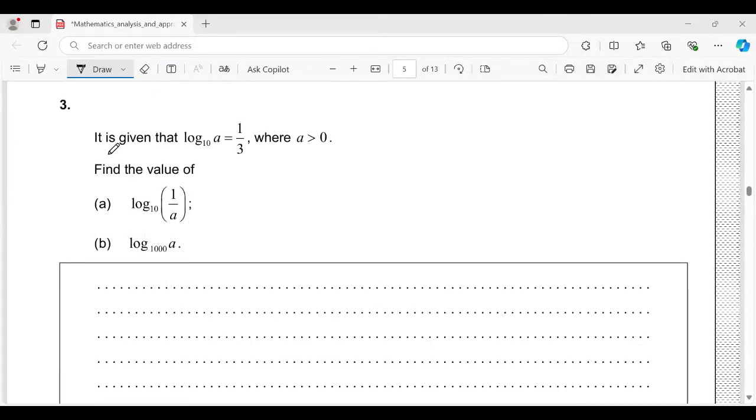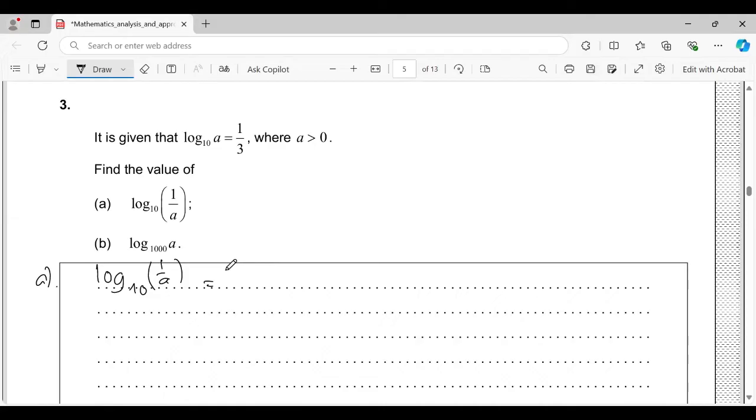Number 3, it is given that log base 10 of a equals 1 over 3, where a is greater than 0. Find the value of log base 10 of 1 over a.